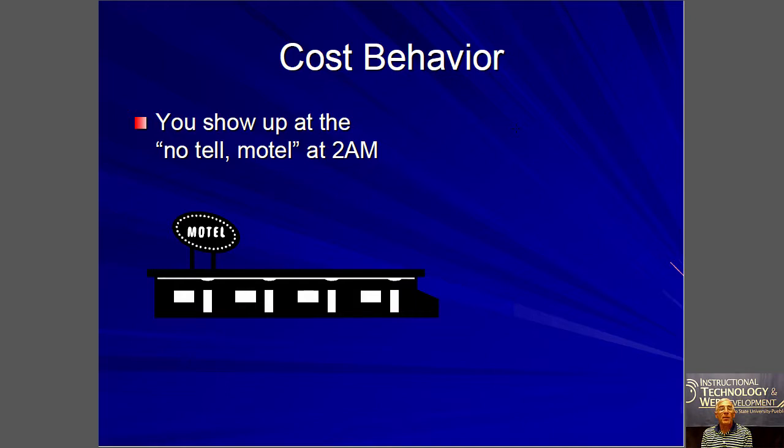There'll be no additional property taxes, no additional property insurance. The clerk is not going to get a raise or commission. The utility bill won't change appreciably. If it's in the winter, you have to leave the heat on anyway to keep the pipes from freezing. The additional costs, the incremental, the out-of-pocket marginal cost of renting that room would include, let's say, the laundry bill for the sheets and pillowcases.